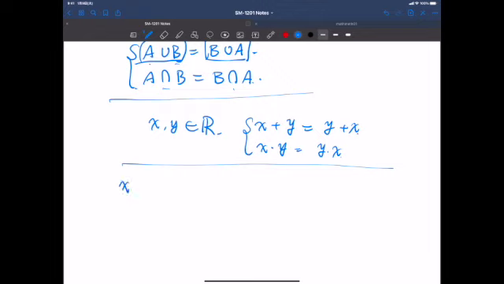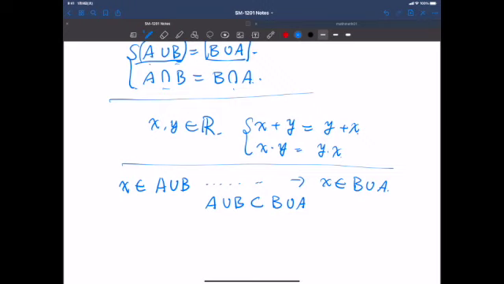First, assume x belongs to A cup B. Then, from this, we prove x belongs to B cup A. If this can be proved, then it means A cup B is a subset of B cup A. This is the first step.